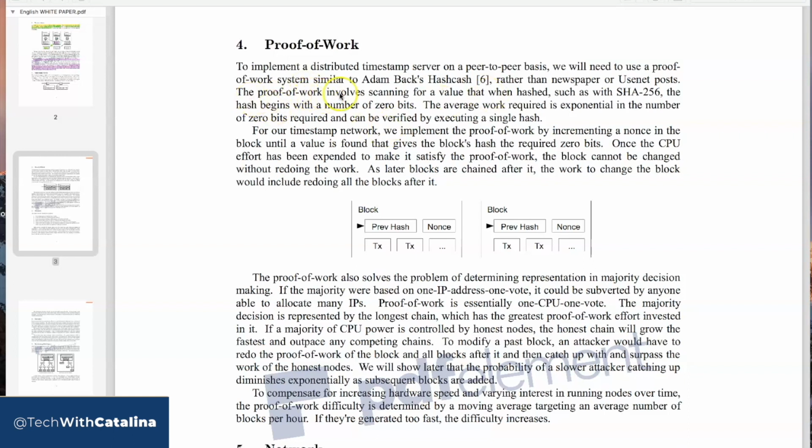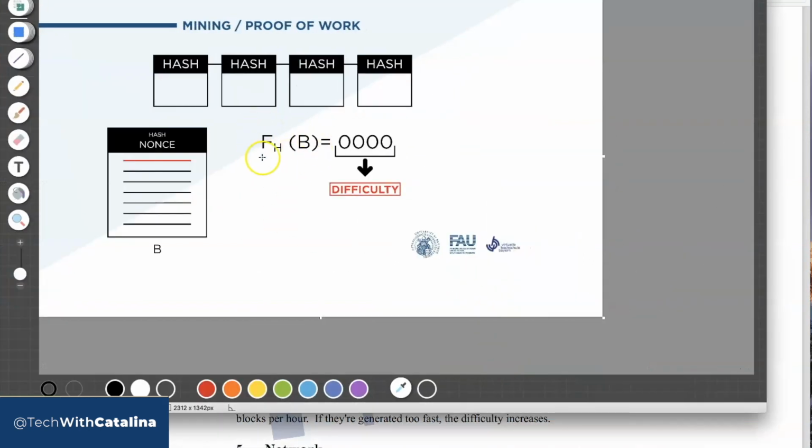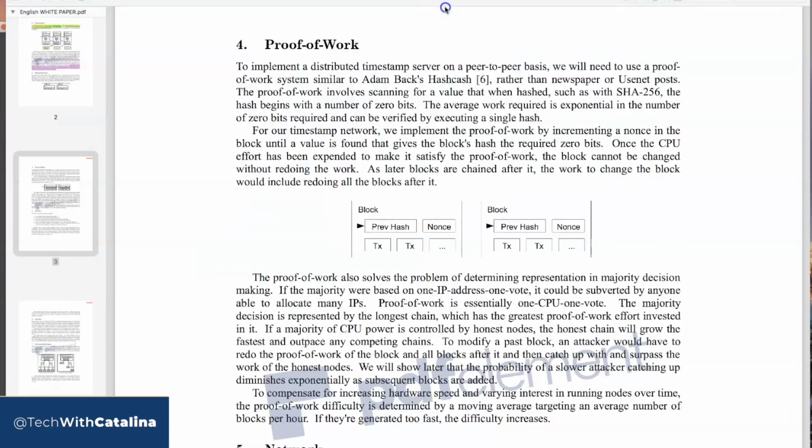"The proof of work involves scanning for a value that, when hashed, such as with SHA-256, the hash begins with a number of zeros." So as we said before, the hash of the header of the block needs to start with a number of zeros, and in order to do that, we need a hash function and an algorithm, such as the SHA-256 algorithm that Satoshi is mentioning here.